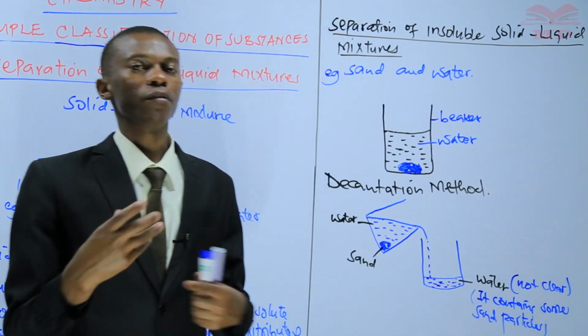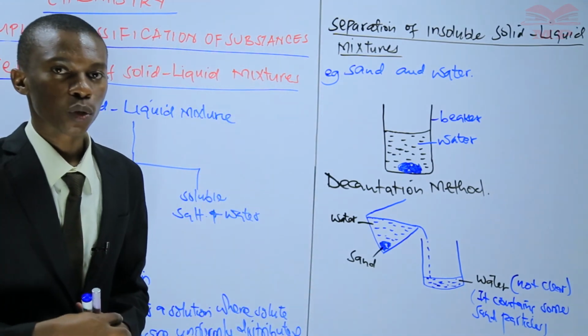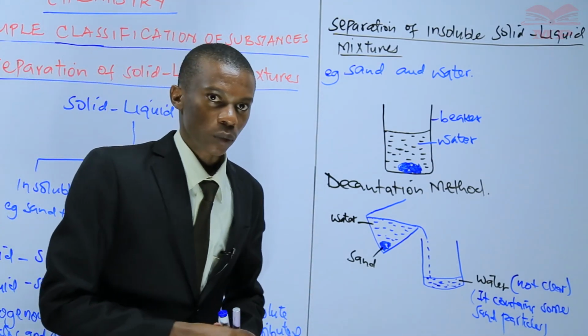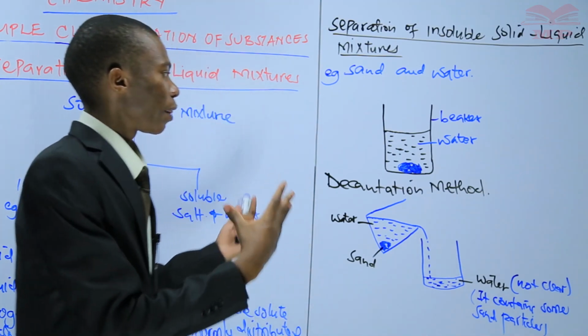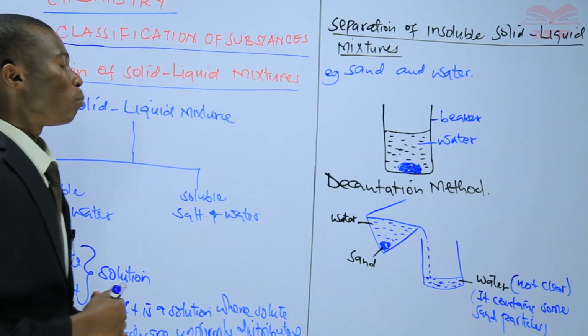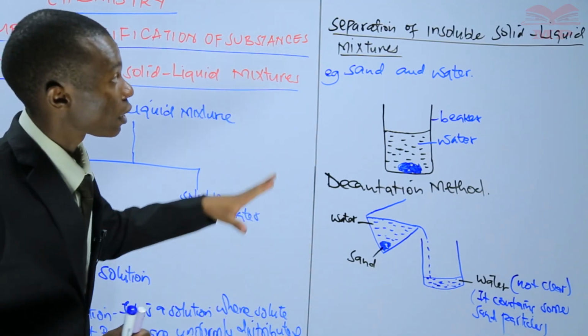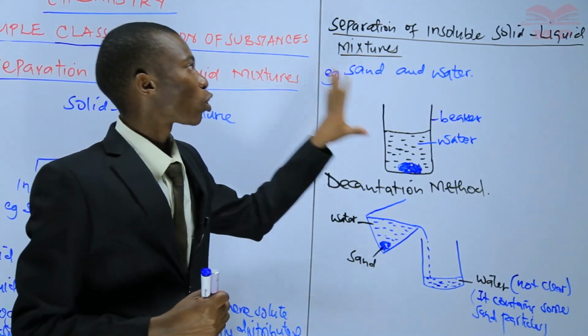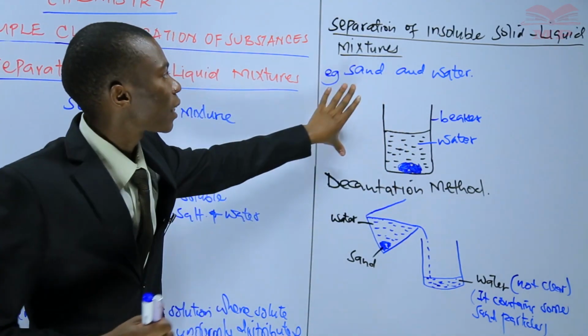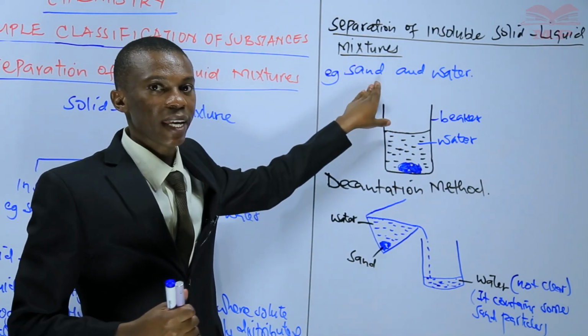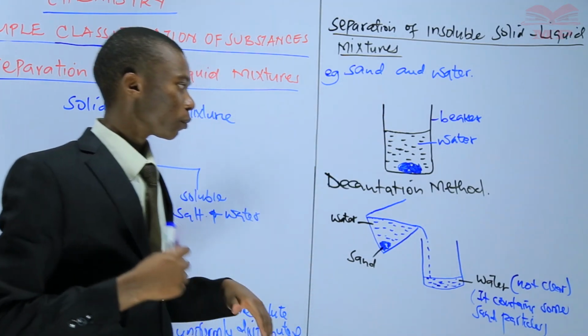And that is the decantation method. You can use it to separate an insoluble solid liquid mixture, in this case, a mixture of sand and water.